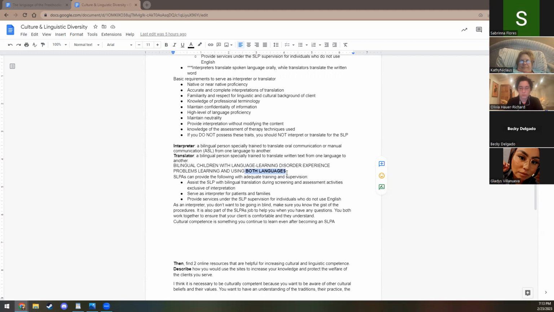So as an interpreter, you do not want to be going in blind into a session. You want to be at least aware of what's going on in the session and know the procedures. It is also part of the SLPA's job to help you when you have any questions. So let's say you have an SLPA who is not bilingual, but you have a patient who is, let's say, Spanish only.